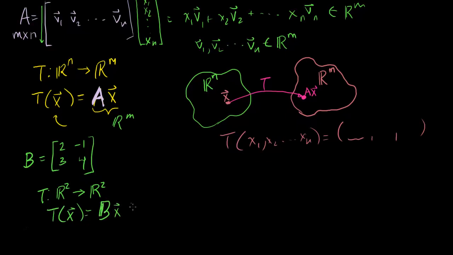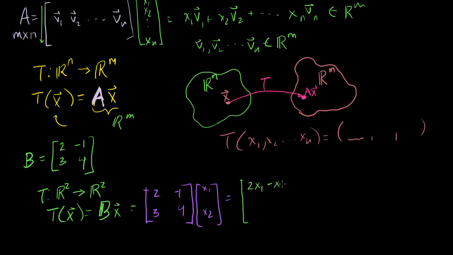Now what would that equal? Well, the matrix is right there: 2, -1, 3, and 4, times x1, x2. And so what does this equal? Well, this equals another vector in the codomain R2, where the first term is 2 times x1 plus minus 1 times x2, or minus x2. I'm just doing the definition of matrix vector multiplication. That's that row times our vector.